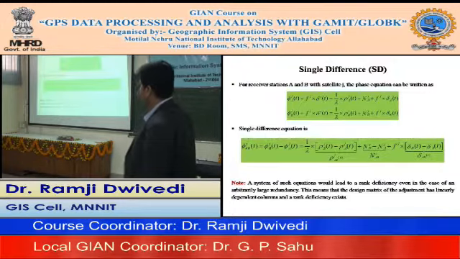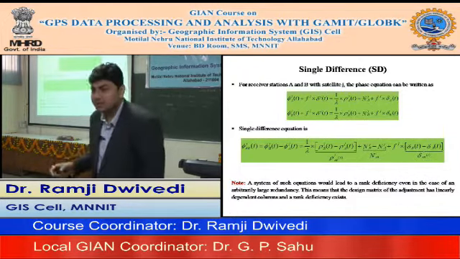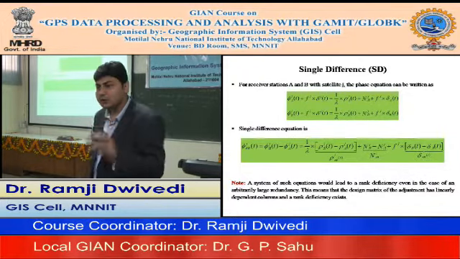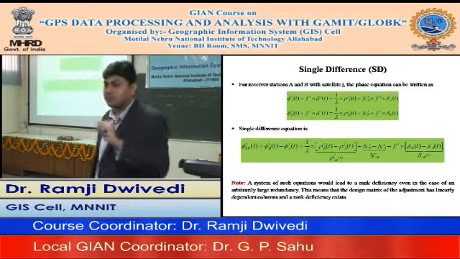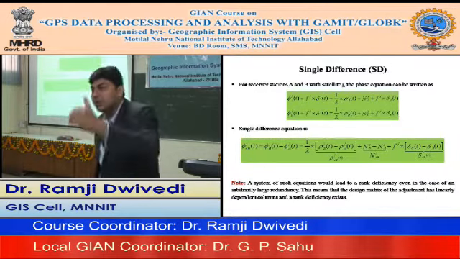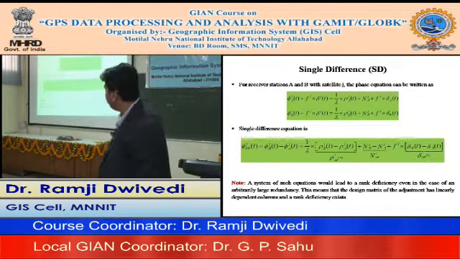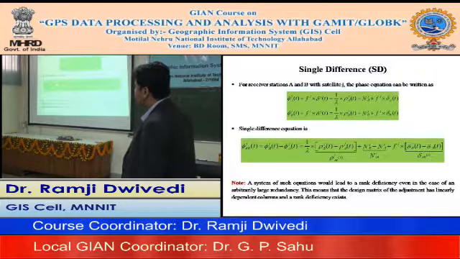When you make differences, some of you may not be aware of the concept of error propagation. When you use two observables and produce a third observable by combining them, you are eventually prone to error propagation. So you have to keep this understanding in mind when differencing two observations. So this phi AB^j is nothing but phi B^j minus phi A^j, simply differences.